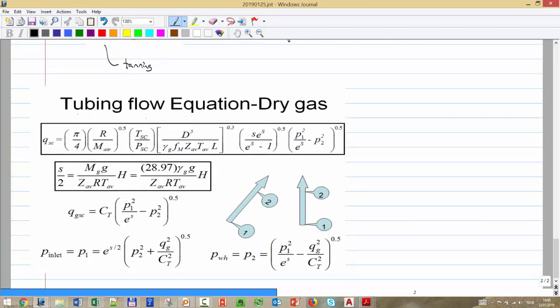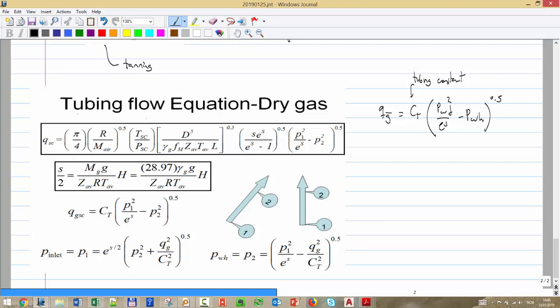Okay, so it's the same equation I showed before, but basically the equation is QG equals CT, that's the tubing constant, times the square root of Pwf squared minus Pwellhead to the 0.5. And that's the equation we are going to use.